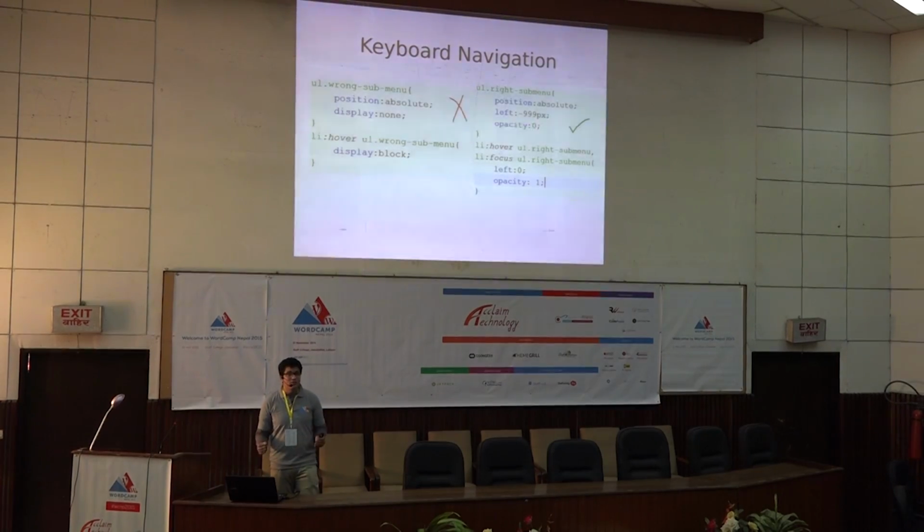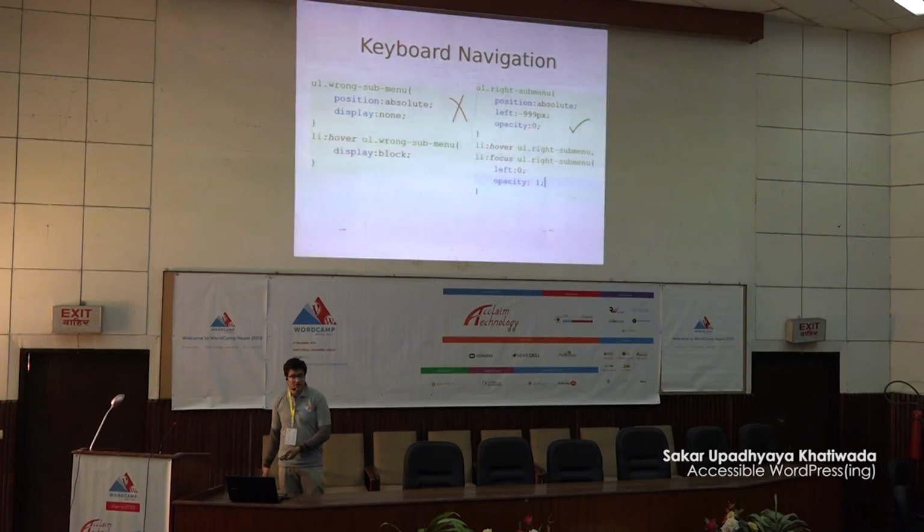And a small change of showing the menu on mobile and adding a focus element on it will add keyboard navigation to it. So some small tweaks in CSS will help to make your website navigable not only by mouse or touch devices, but also by the keyboard.